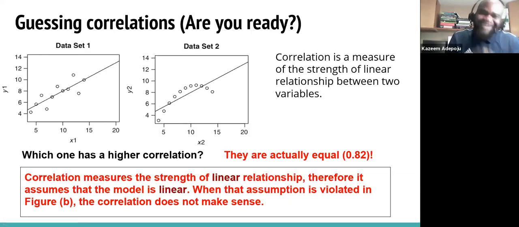If it is linear, then that makes sense and you can interpret it. If it is not linear, just like data set 2 is showing right now, then it doesn't make sense. Not all results make sense.